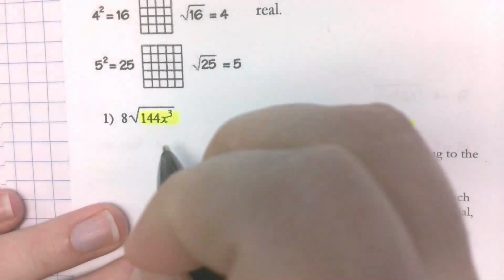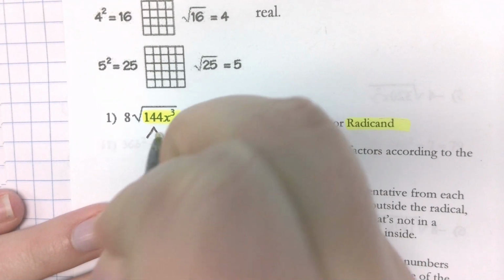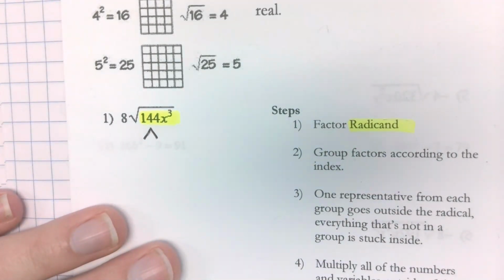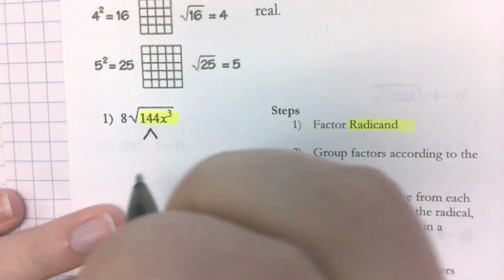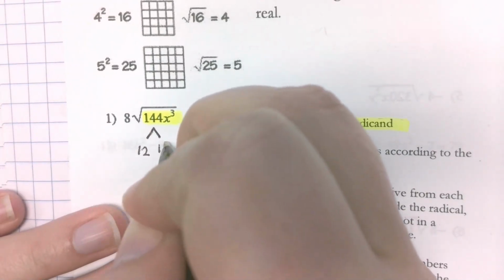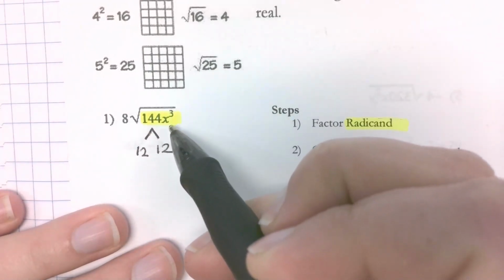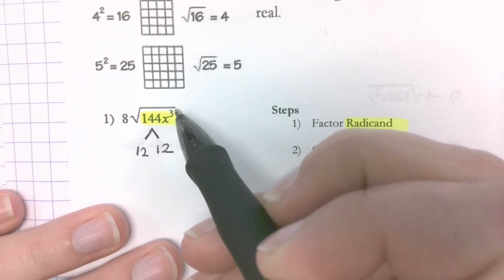Now we're going to break this down. Samarian, can you break down 144? What's two numbers that multiply to 144? 12 times 12. Yeah. Mario, how many times do I need to write that X out? 3 times.